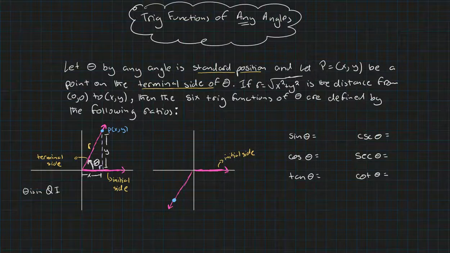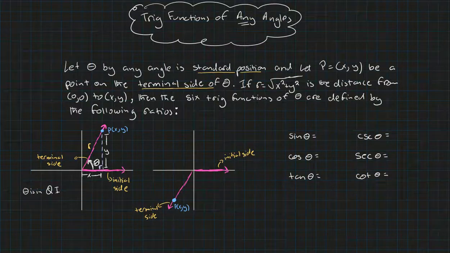So P is x comma y. Let me also label this: this is our terminal side over here, just to keep it consistent and show which is the initial side and which is the terminal side.